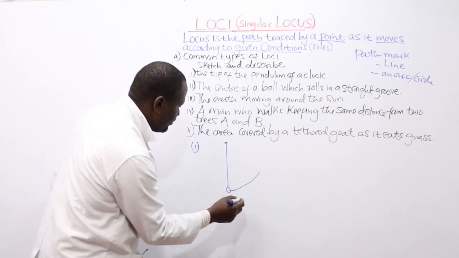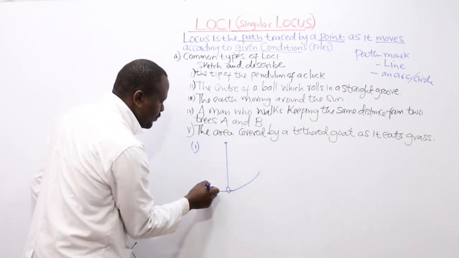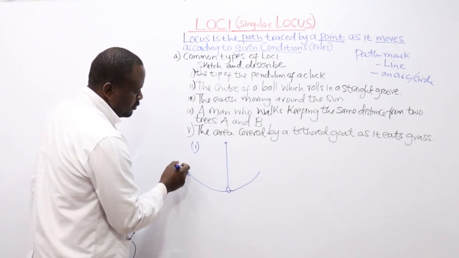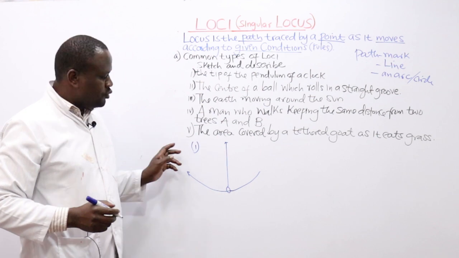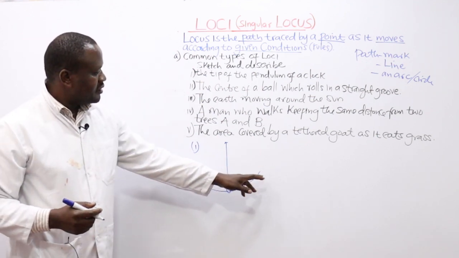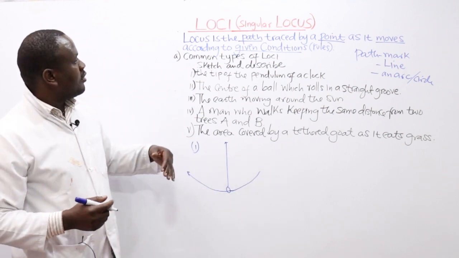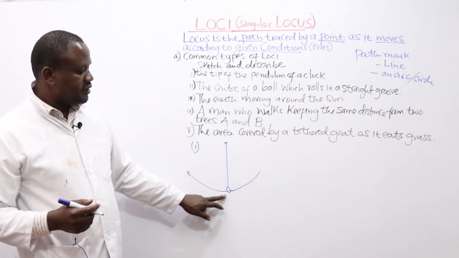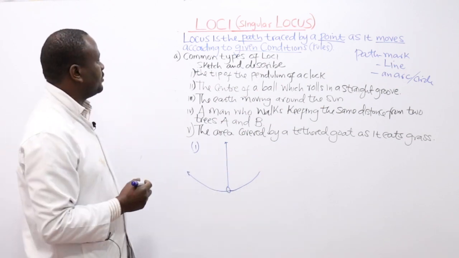When it reaches a certain point, it will come back, but not just to the same place, it will go all the way. So this to and fro movement is the locus of this tip.